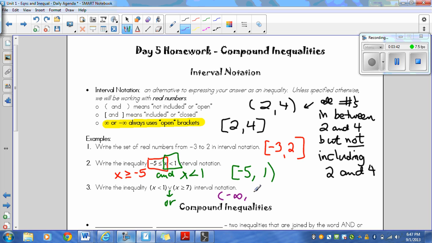We want negative infinity up through 1, or we're going to use that V or that U. I want 7. I actually made a mistake because we do want to include the 7. It says x is greater than or equal to 7. We want to include that 7. And we want to keep going all the way up and up until we get to infinity. And so that's how you denote that one.